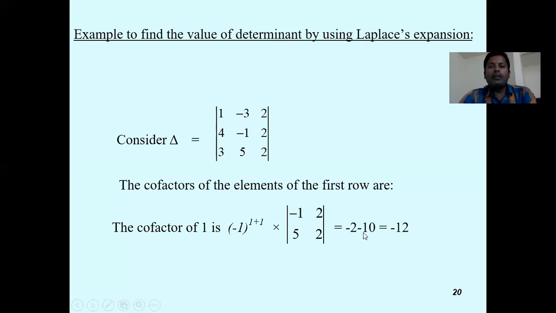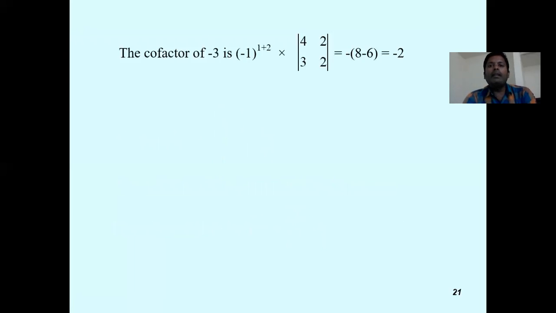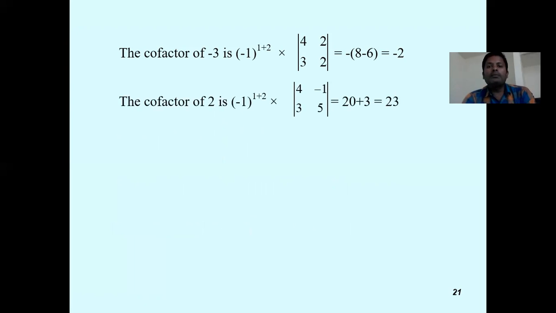We get minus 2 minus 10, the result is minus 12. The cofactor of minus 3 is minus 1 to the power of 1 plus 2 into 4 2, 3 2, equal to minus of 8 minus 6, we get minus 2. Similarly the cofactor of 2 is minus 1 to the power of 1 plus 3, and we get the result 23. The first row is completed.